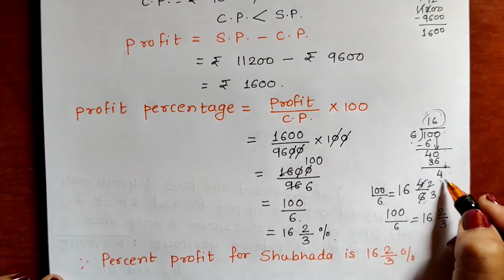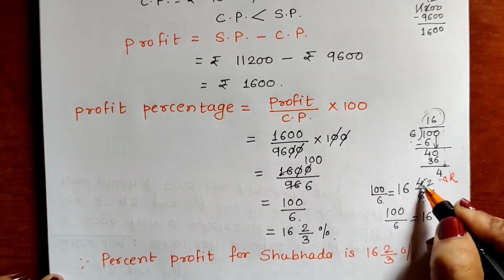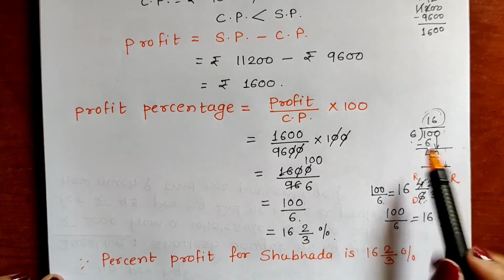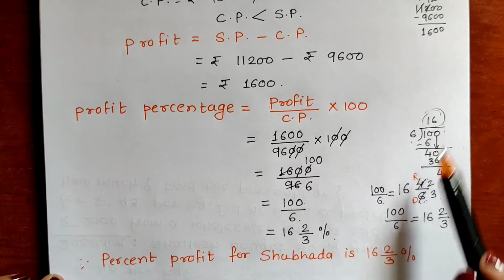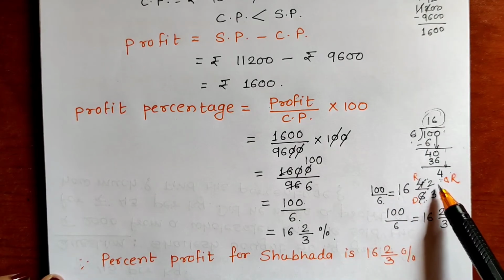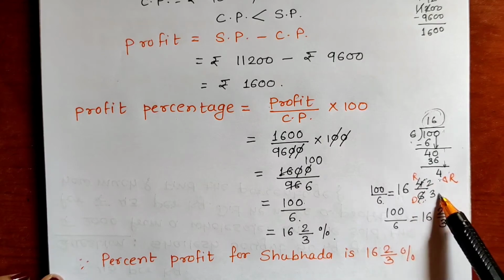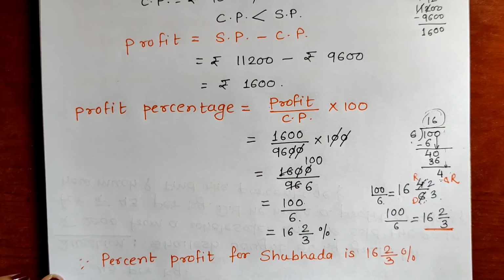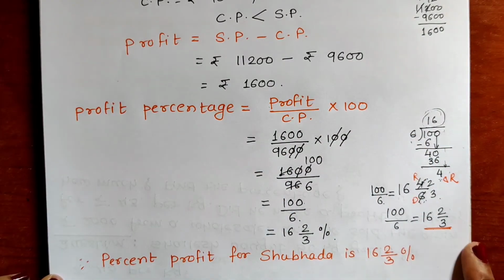This 4 remainder we write in the numerator, and in the denominator we write the divisor. So 16 integer 4 upon 6. This 4 upon 6 again can be cancelled by 2. 2 2s are 4, 2 3s are 6. So in the end we get the answer 16 integer 2 upon 3. In this way we have done this calculation, and this sum is complete.